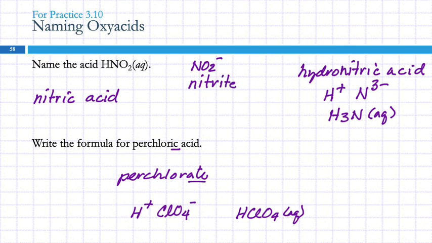So nitrite, and so this is nitrous. I thought that wasn't going very well. But over here with the hydronitric acid, nitric acid would be from nitrate, which is HNO3. So that's nitric acid. Thank you very much for pointing that out. Thank you. Any other questions?